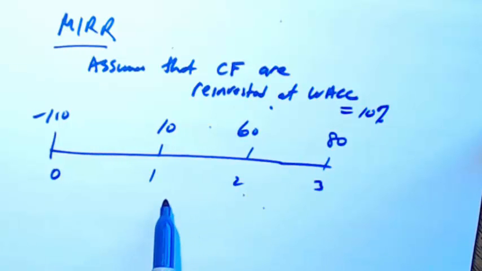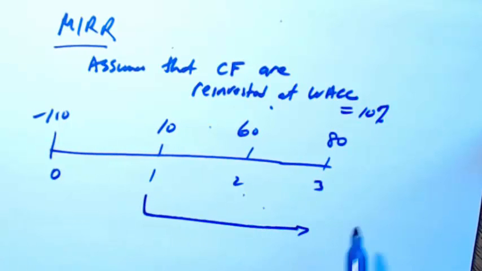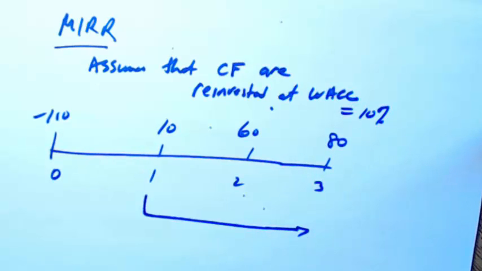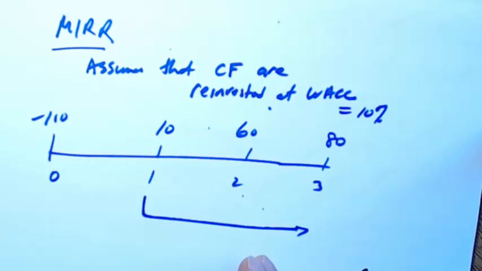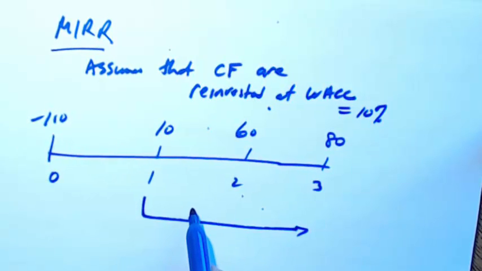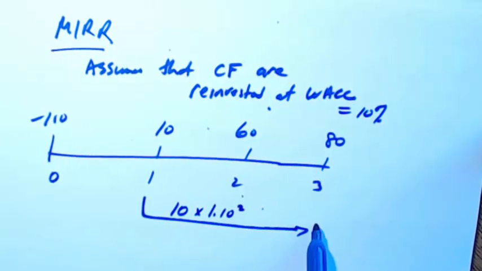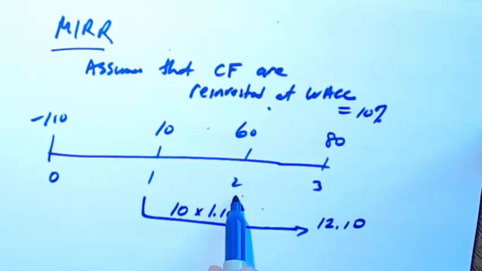So let's take the cash flows and reinvest them, and we call this a terminal value. It's a future value. The book calls it a terminal value because it's terminating at time 3, but it's okay. So it's 10 times 1.10 squared, which gives us $12.10.